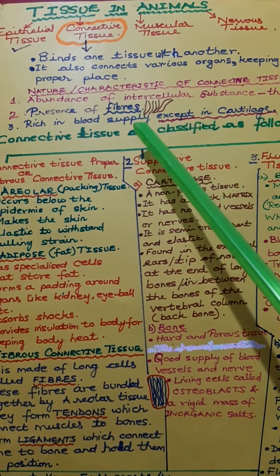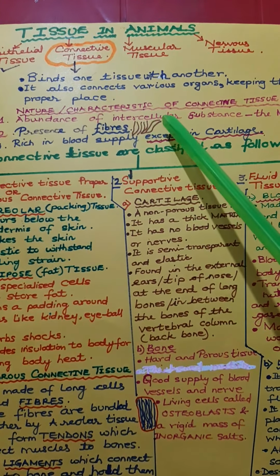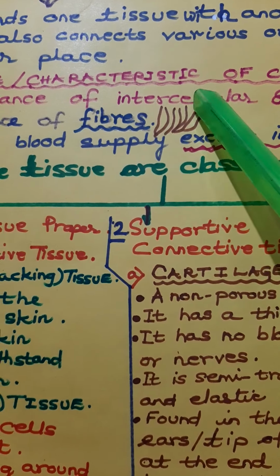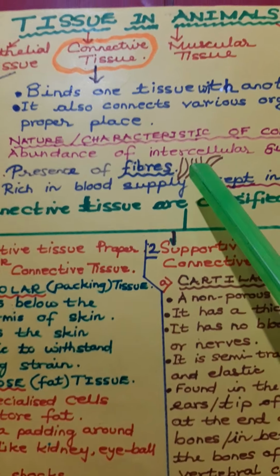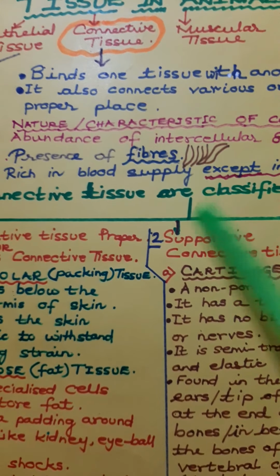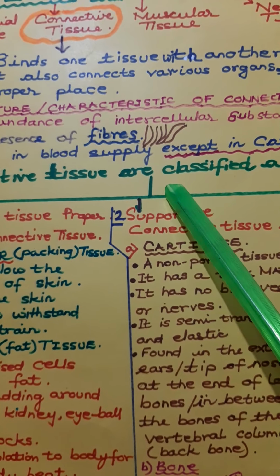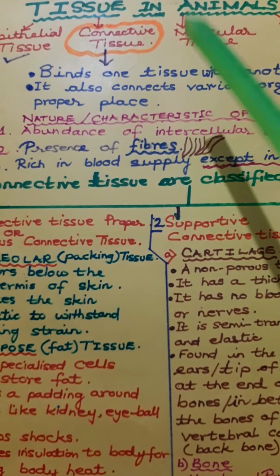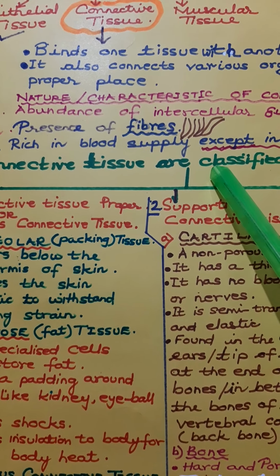Okay. Now, presence of fibers throughout this tissue. You will see this type of fibers everywhere. Rich in blood supply. This connective tissue is richly supplied with blood.